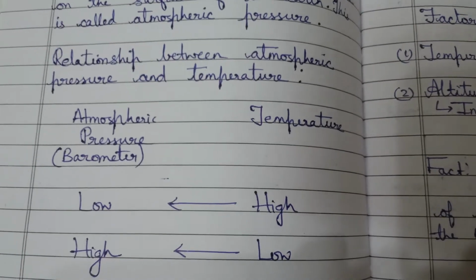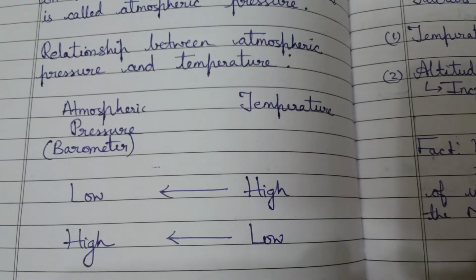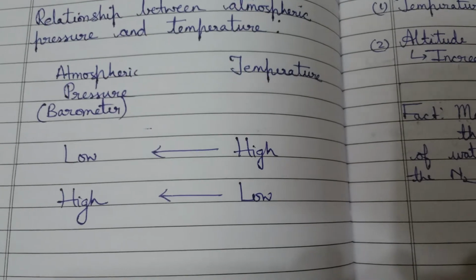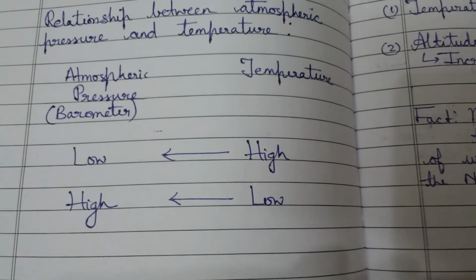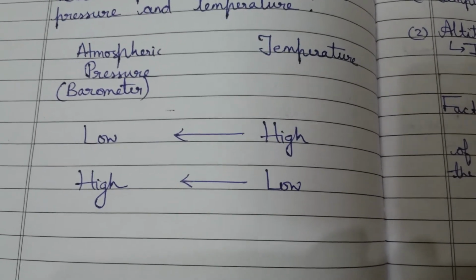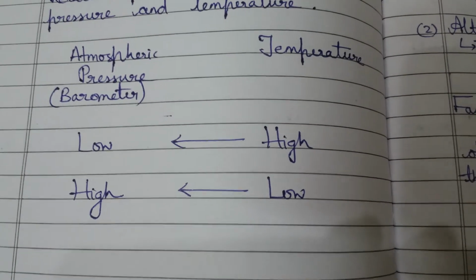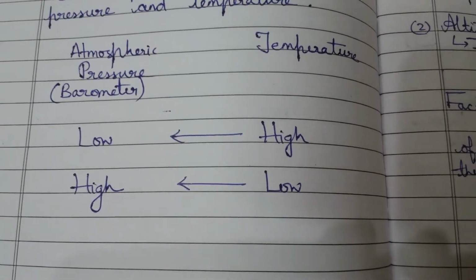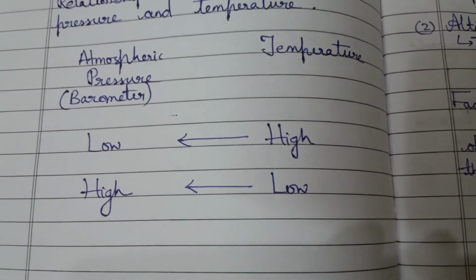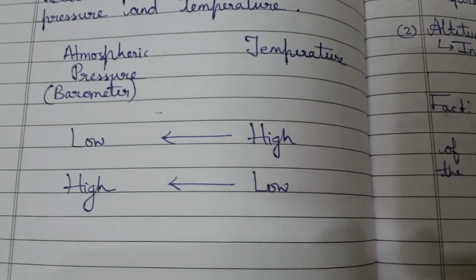Now let us understand the relationship between atmospheric pressure and temperature. Atmospheric pressure is measured with the help of a barometer, an instrument to measure atmospheric pressure. If the temperature is high at a place, then the atmospheric pressure will be low, and if the temperature is low at a place, the atmospheric pressure will be high.